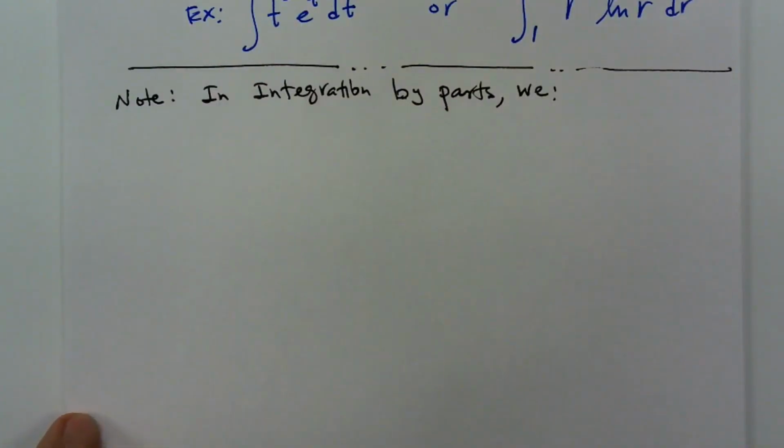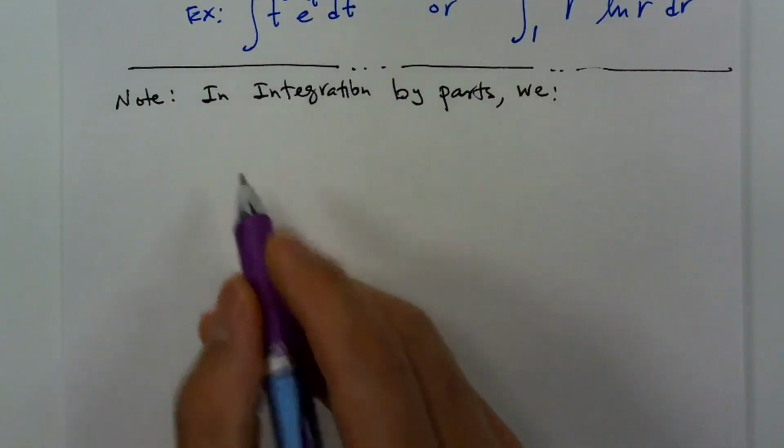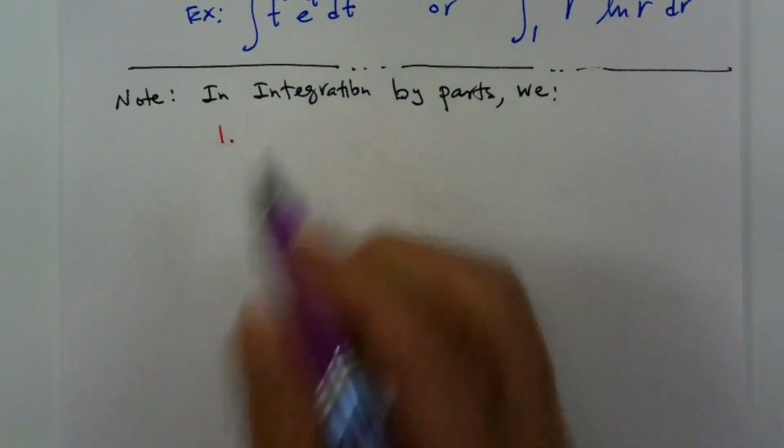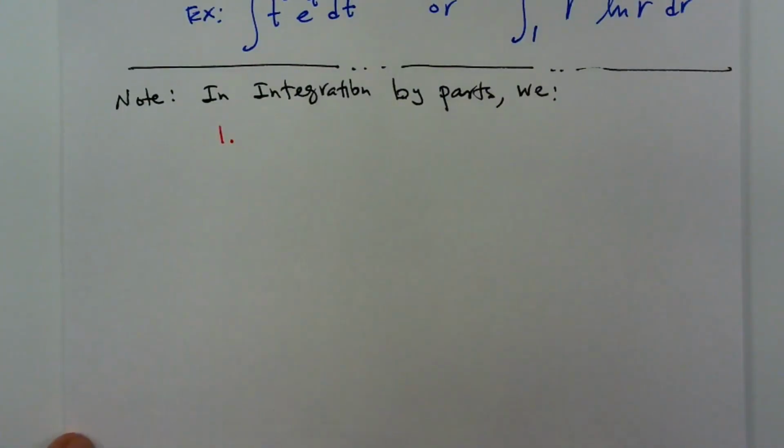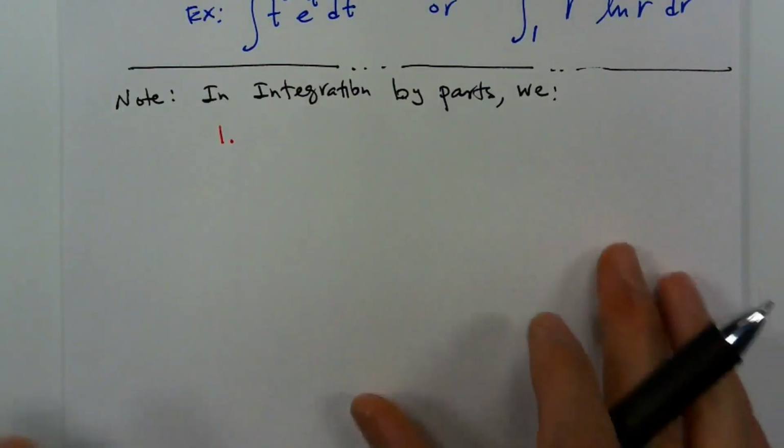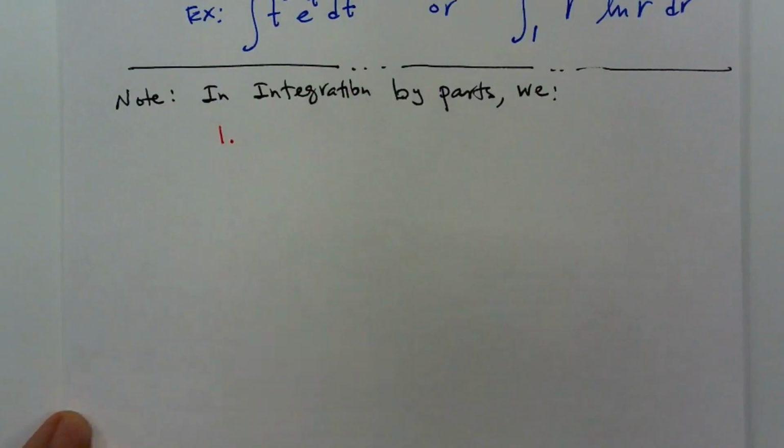In integration by parts, the first thing that we do is select a variable u, just like in the substitution rule where we used another variable. That's where we start.